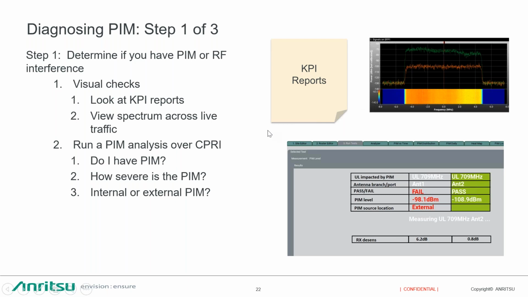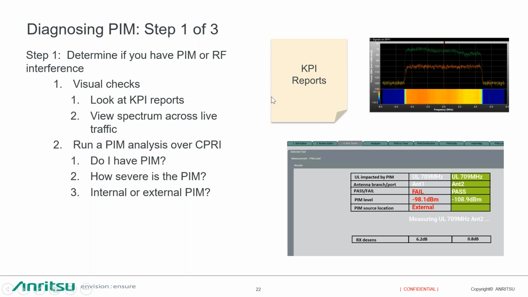Some operators are better than others and are able to do some kind of power analysis where they can turn up the OCNS or AILG remotely and create KPI reports from there. So this will give a lot of operators a lot of information initially on what it might look like and what kind of problems you might have. And sometimes from these you can determine whether you have PIM just from looking at them.